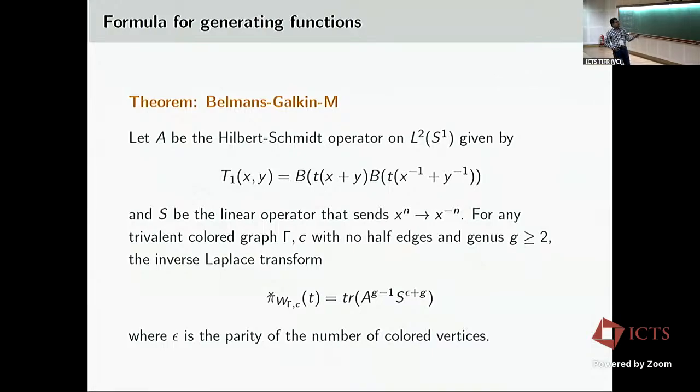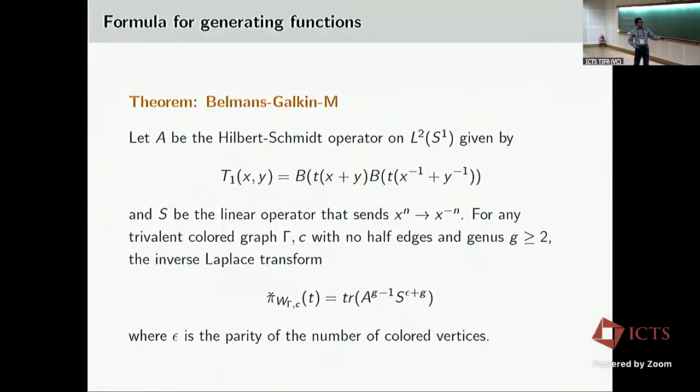Think of x and y as the variables that you use for Fourier transformations, and then you take this S operator, which is just taking xn to xn. So the product of these two operators, A and S, is trace class, so you can multiply and then take the trace of it. This makes sense. It will produce a number, and this is the function that we have.